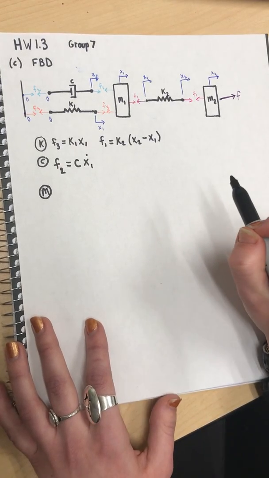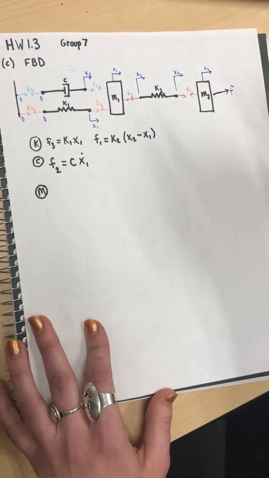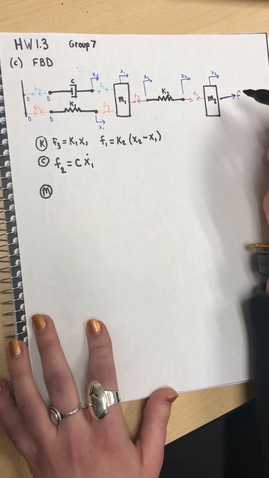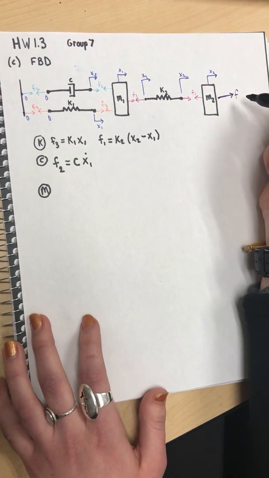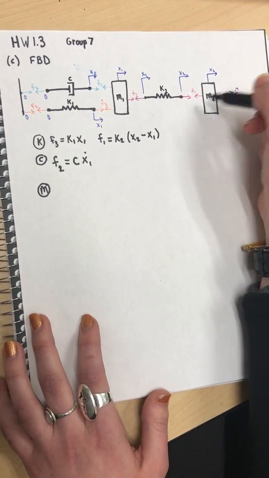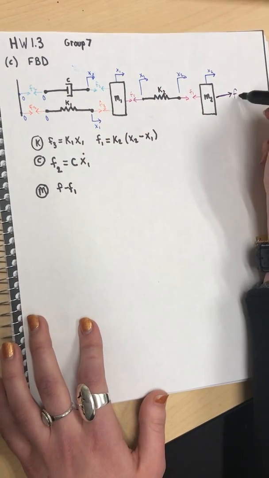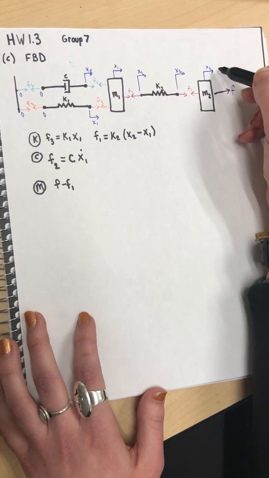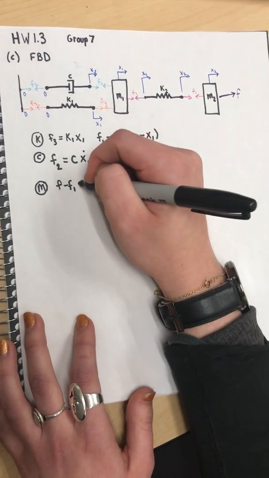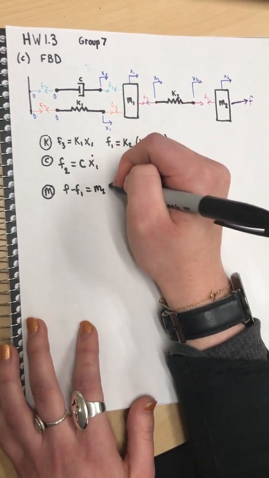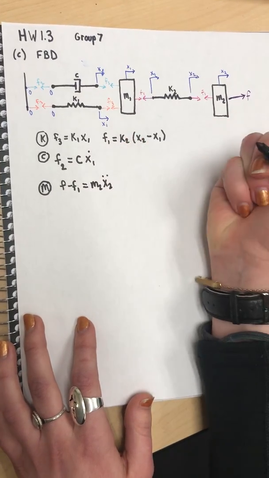So we'll start with mass 2 right here. So the sum of forces on this mass is going to be F minus F1. We do it in that order because F is in the same direction as the displacement coordinate. And this is equal to m2 times x2 double dot.